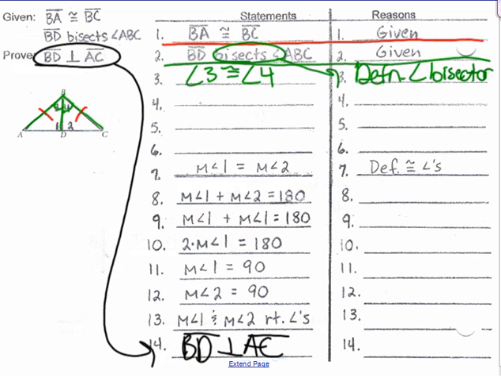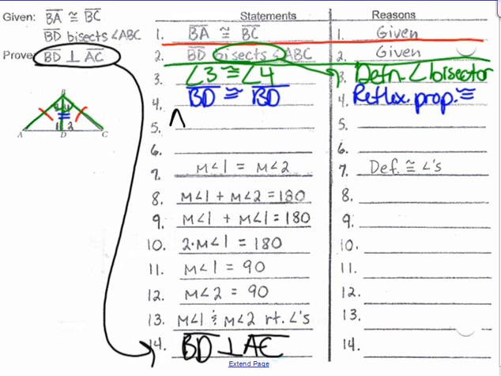Okay, green is done. Move on to blue. Well, I see that they have a shared side. So I'm going to use the reflexive property. I'm going to say BD is congruent to BD by the reflexive property of congruence.